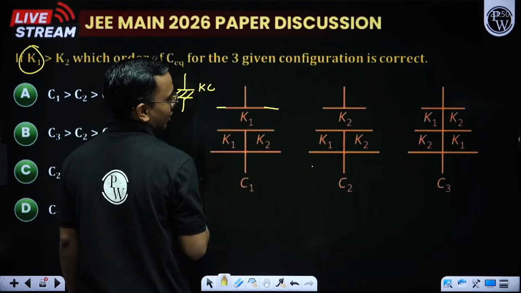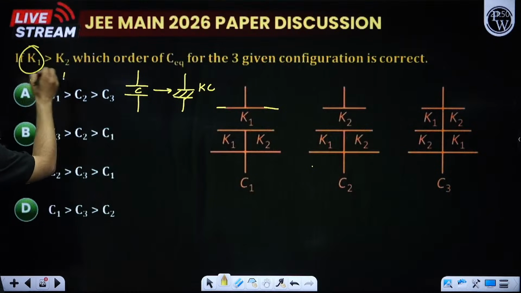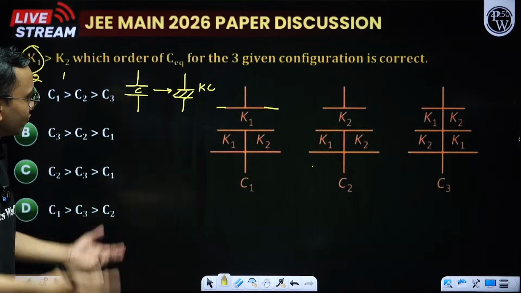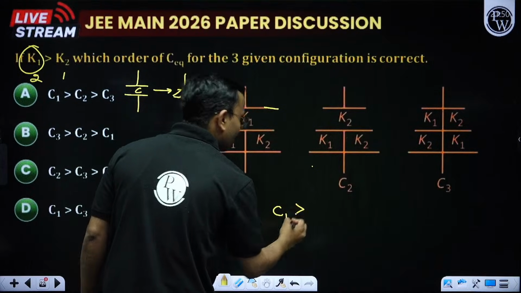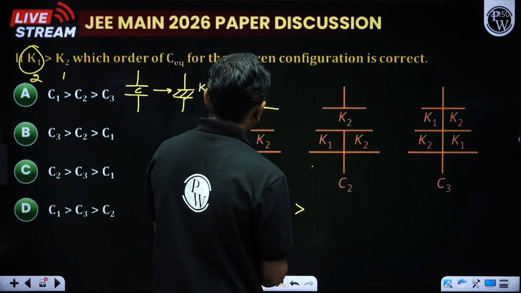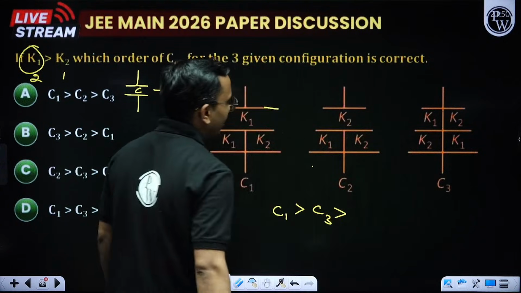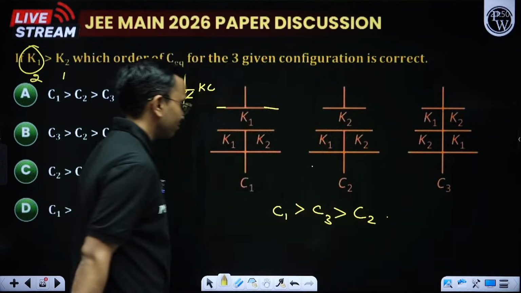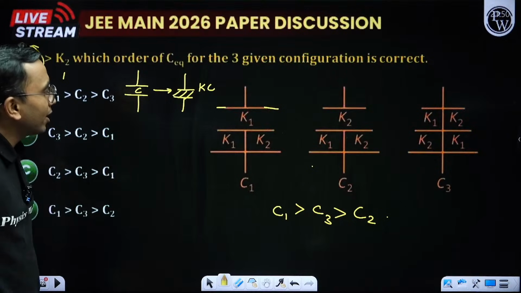Let us take K1 as 2 and K2 as 1, and then I can solve it. So that is also one way. If you do like that, C1 will come out to be greater than C3, and then K1 is in the least space, so C2. This logic is there.